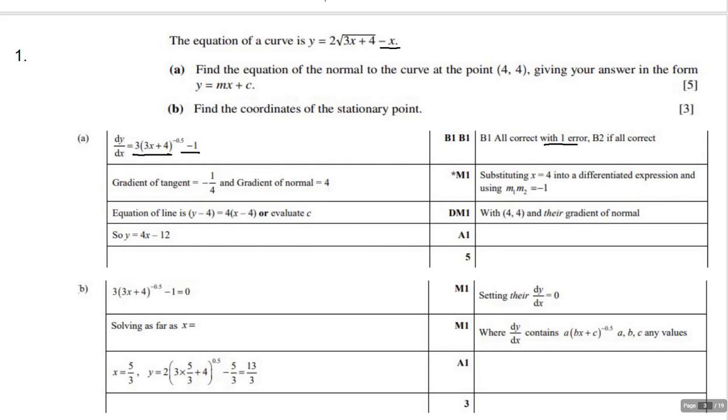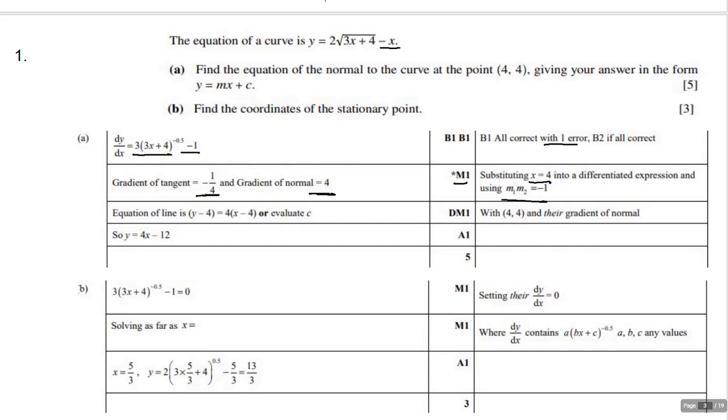Now, the method here is substituting in the x value of 4 into the differential equation. So even if your derivative is not actually correct, but you substitute your x equals 4 in there, you can get this point. Now, you'll come up with a slope. And then you've got to find the perpendicular slope.